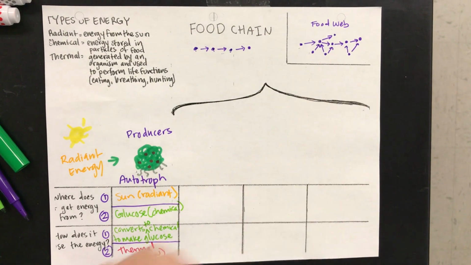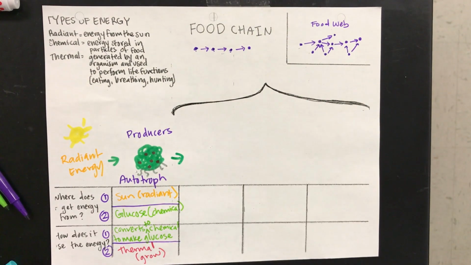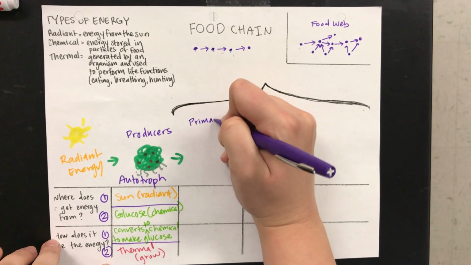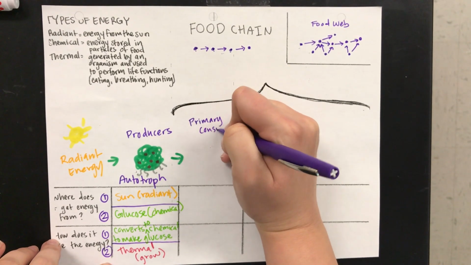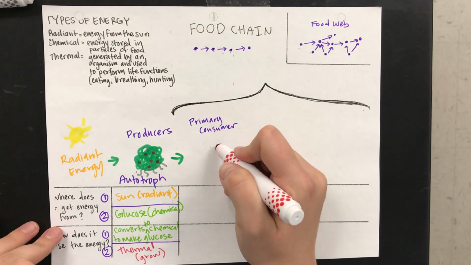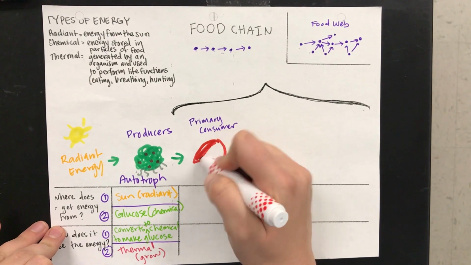Our next level up on our food chain, draw the arrow, is going to be our primary consumers. So for primary consumer, I'm going to write my title. And I'm going to draw a ladybug. If you have a different primary consumer in mind, that's totally fine.